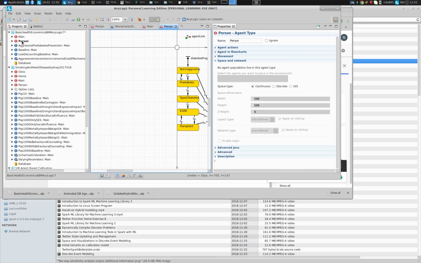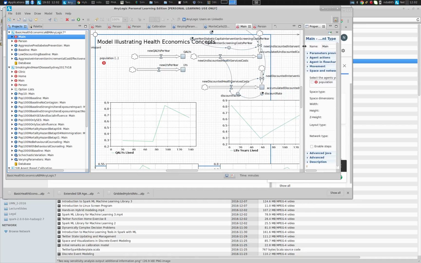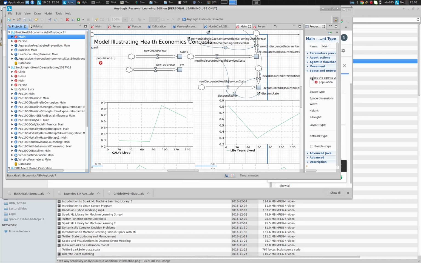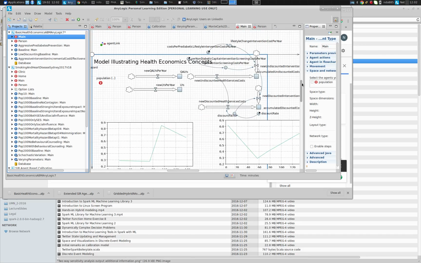Beyond this, here, we can go up to main, or rather we can go down main. And here, what you'll find is that there's a set of information being accumulated at the level of the entire population. And this information consists of health economic quantities in terms of life years lived, quality adjusted life years lived.